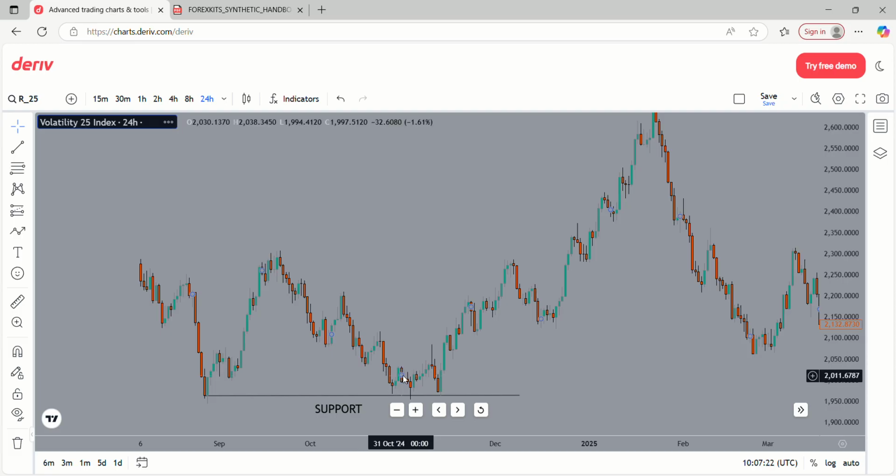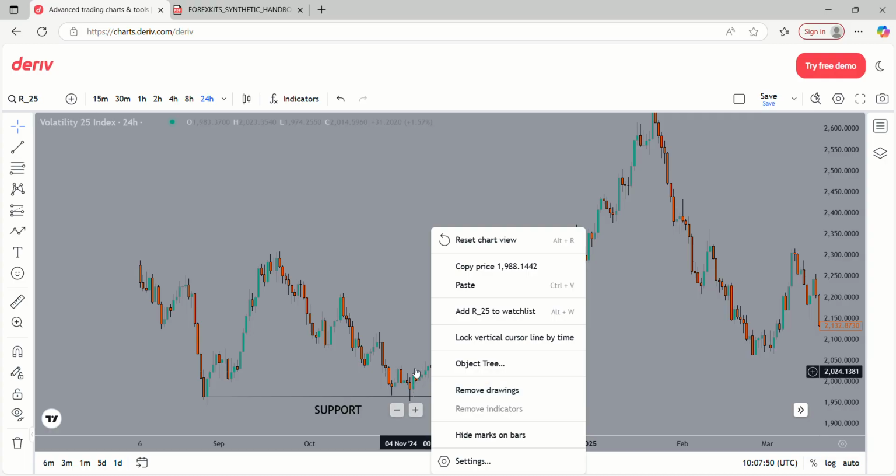It came back again and touched the line, and retested. I won't count this one because it didn't come to the line. So let me just say the market came down and retested at this point again. This is the second touch, and there was a little movement, and it came back and touched this point again, which is the third touch.